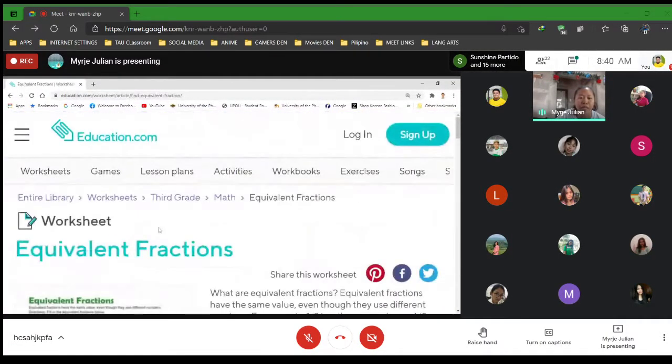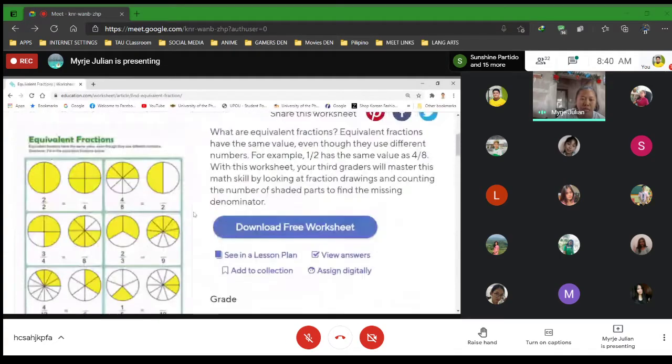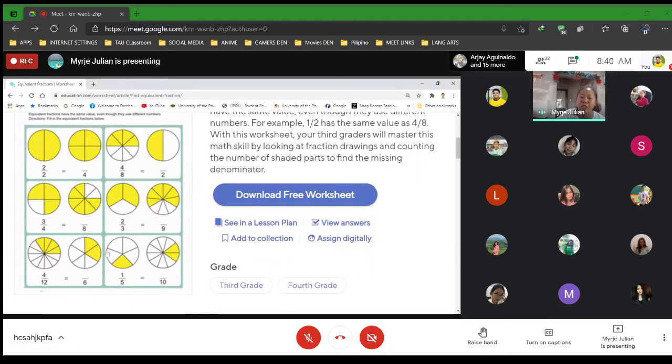Pwedeng ganito rin naman yung activity sheets ninyo. Ang nakikita natin dito is the title, actually the learning content siya. Tapos kung ano man yung direction, tapos ito na yung gagawin ng bata. Ganun lang kasimple yung activity sheets na ini-expect ko.